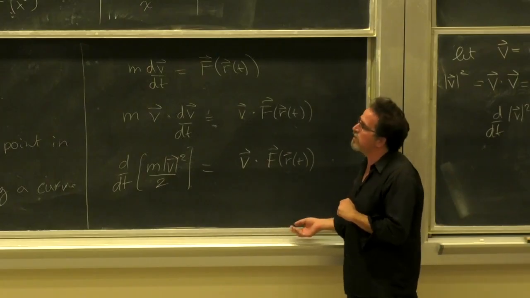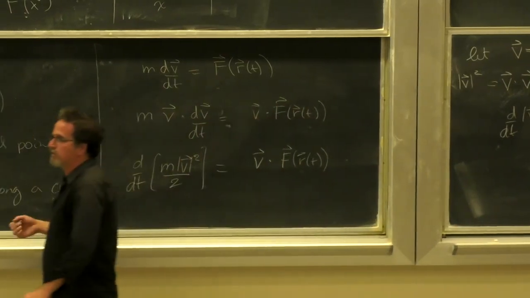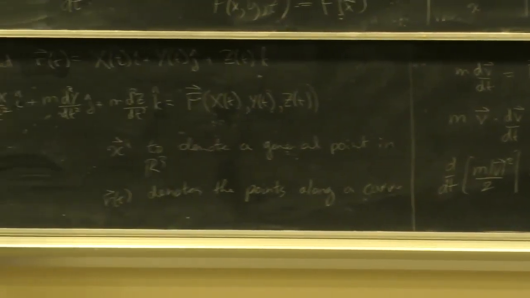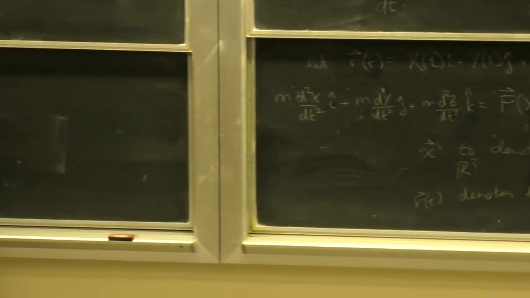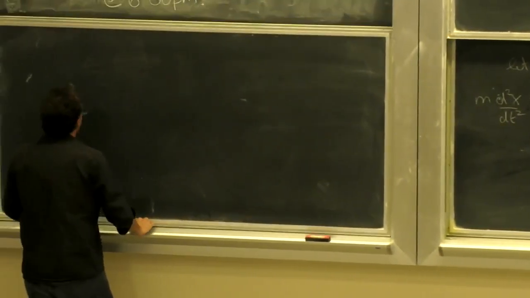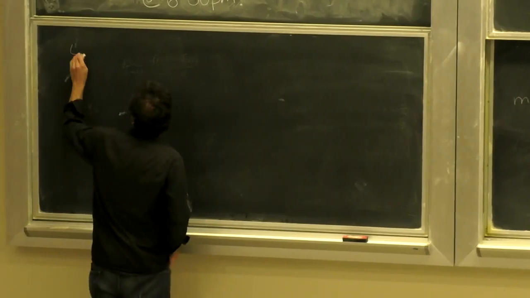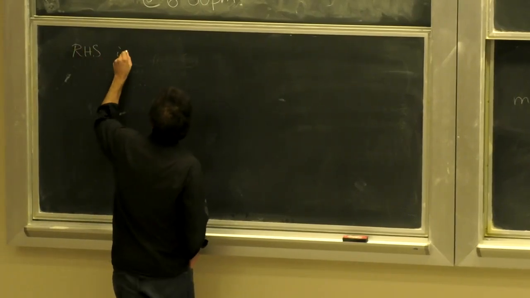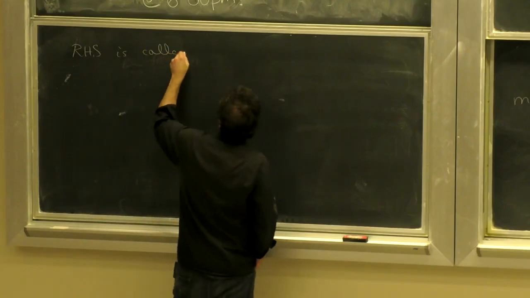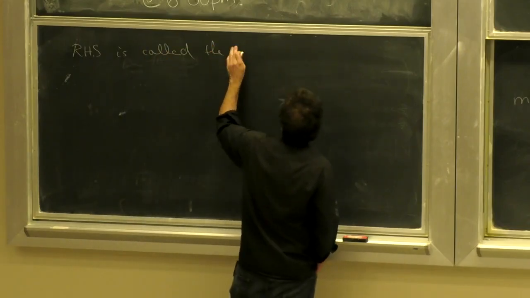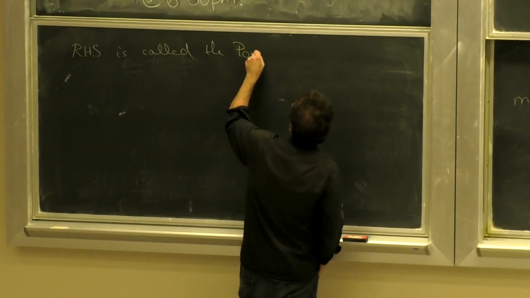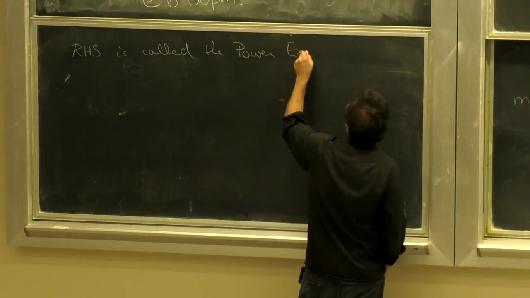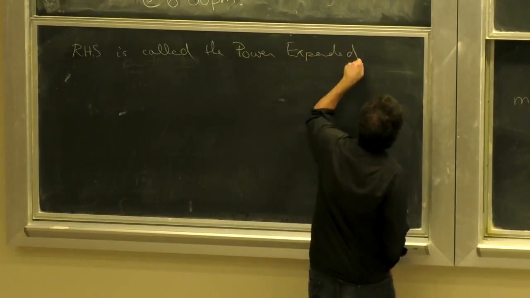Okay? So since I don't really want to insult your intelligence and act like nobody's ever seen that expression before, many of you have seen that expression before, I'm going to tell you that the right-hand side has a name, it is called the power expended by the force.